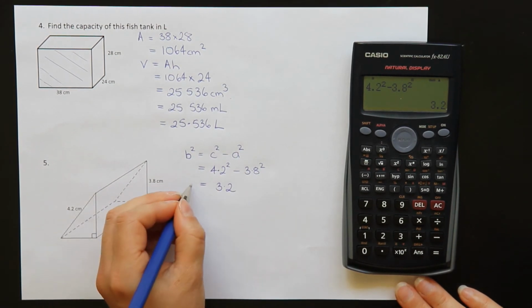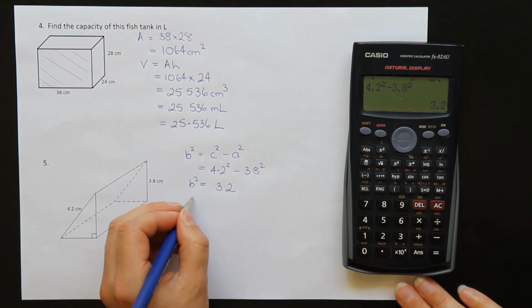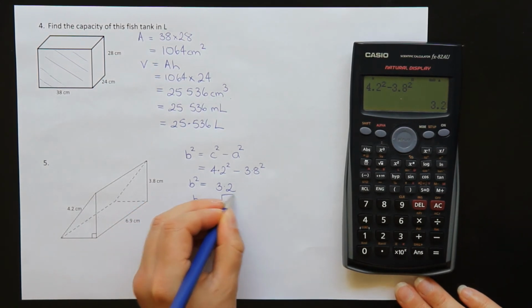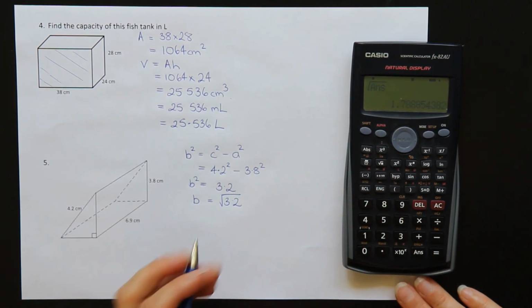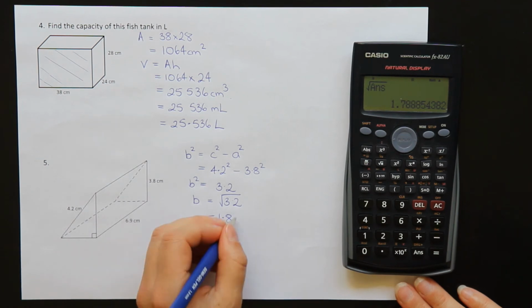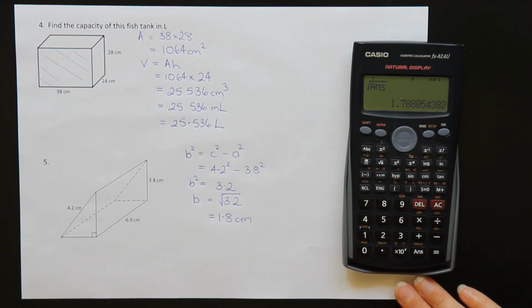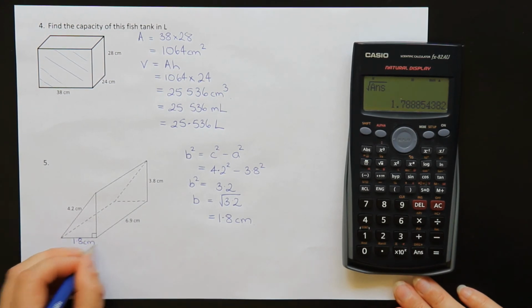But that is b squared, remember, we still need to square root that. So b is equal to the square root of 3.2, which will be 1.8 if we go to 1 decimal place. Okay, so this one here is 1.8 centimetres.